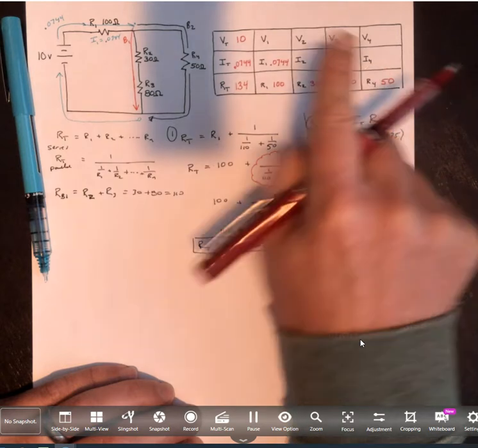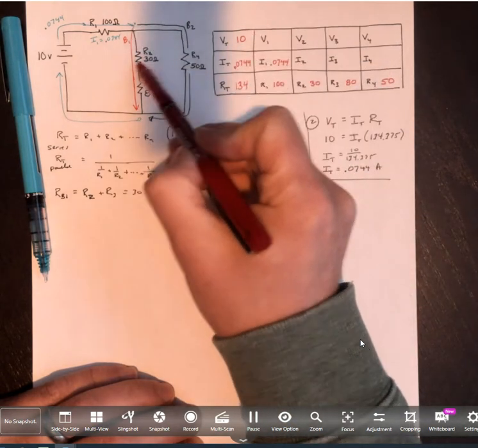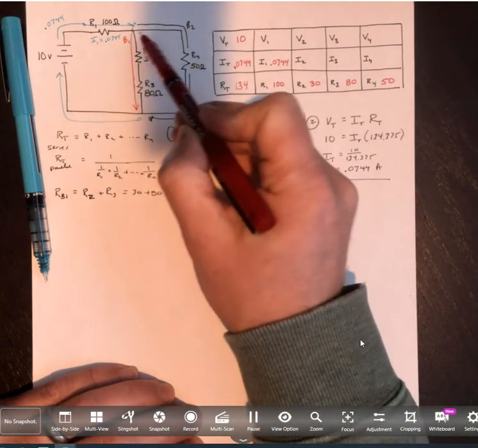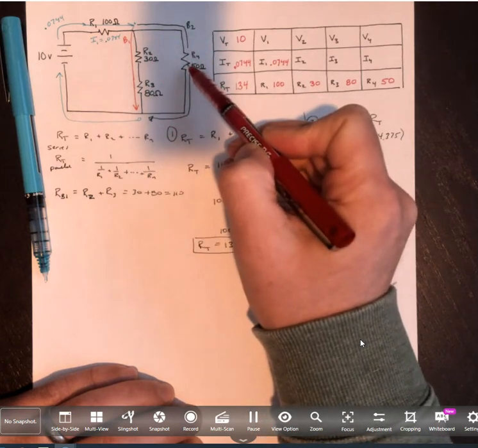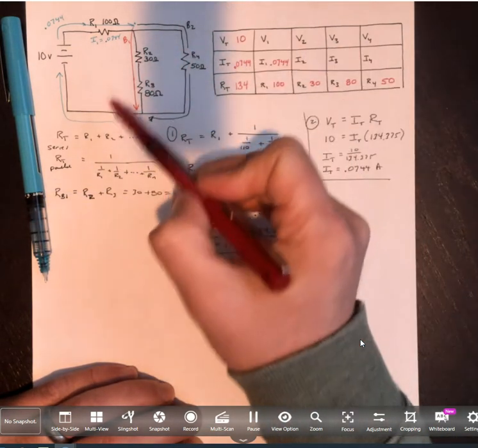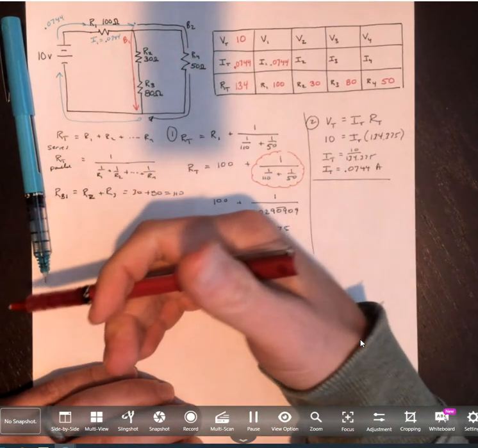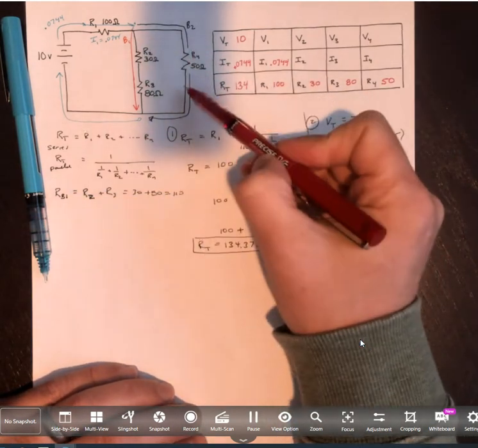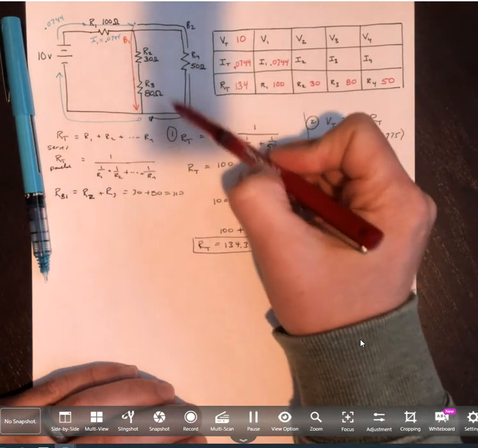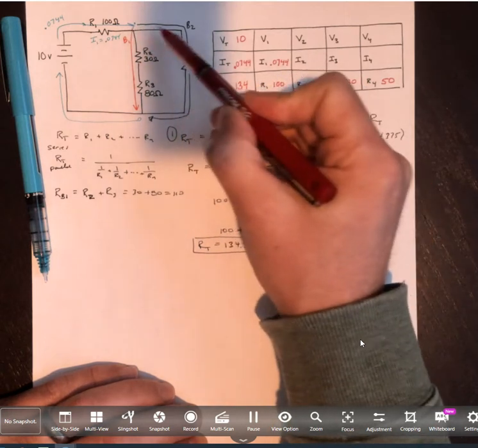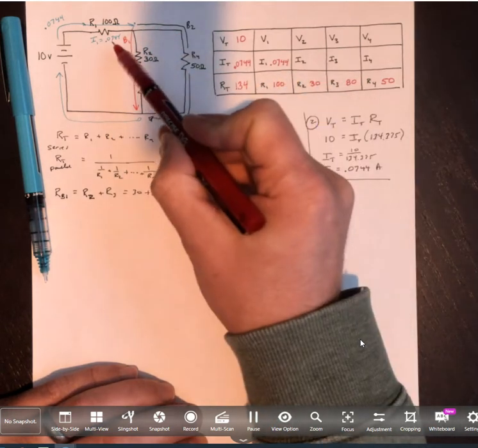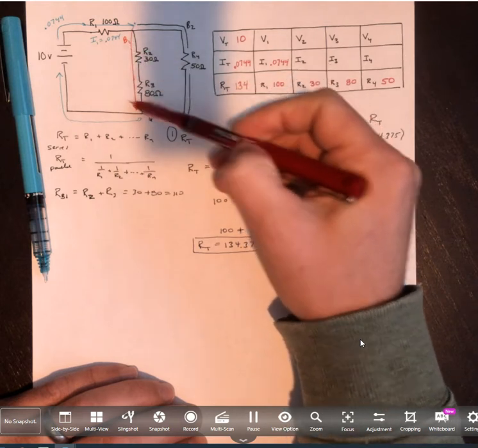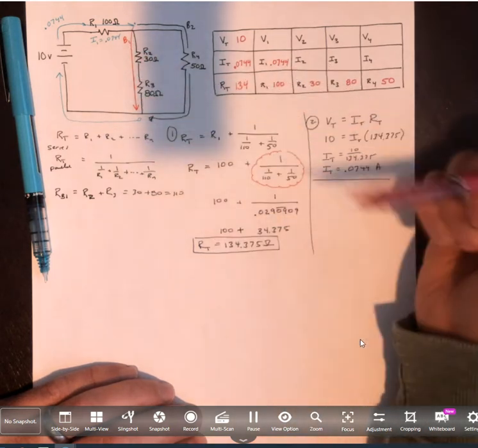Now I don't get to do that with the others because we have this branch where that current is going to start to divide and split up, and some of it's going to choose to go one way and some of it's going to choose to go the other. How it's going to choose is really more flow will go through the path of less resistance. So we should at the end see this path with only 50 ohms of resistance get more of the flow, more of that 0.07, than the path that has 110 ohms of resistance.